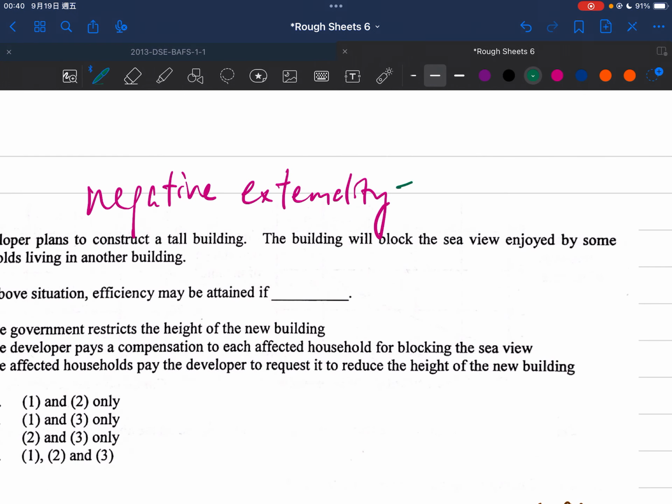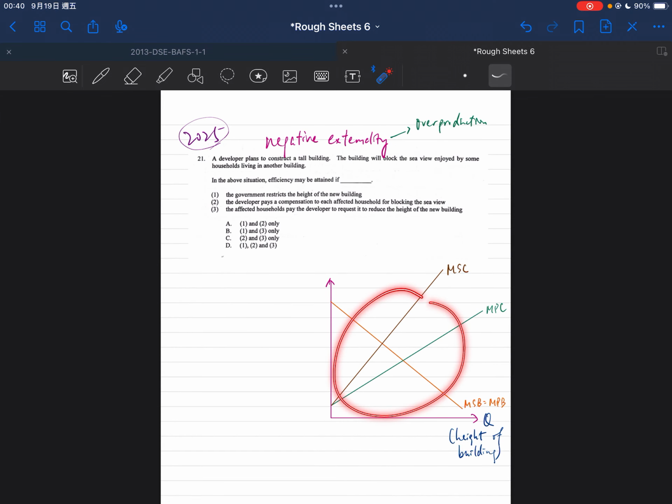Note that negative externality means overproduction. Let's see the diagram below. Although this will not be examined in DSE exams, it is in our syllabus. In externality questions, we are not required to draw such a diagram, but we will understand the concept better if we draw it out.